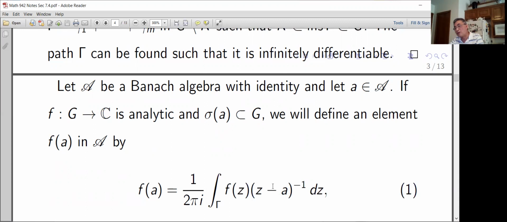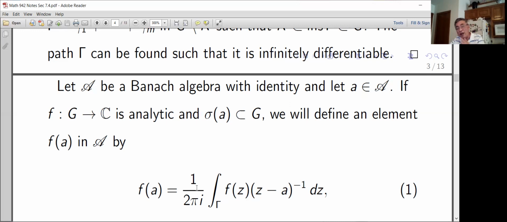So if zeta is a complex number inside gamma, we put the zeta here and the zeta here, then this is the correct formula. But now we replace that zeta, we put A here. A is a vector, an element in script A. And this is not a formula. It is the definition of f(A), because we do not yet know the meaning of f(A).